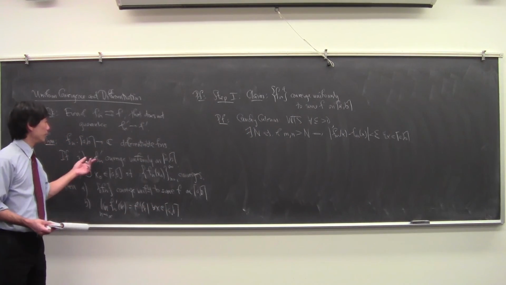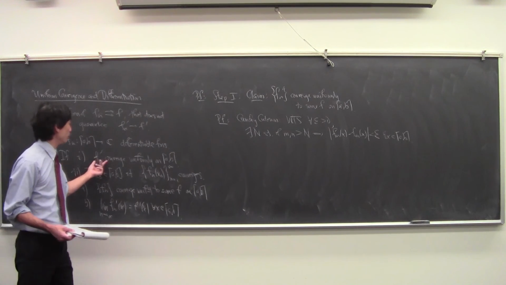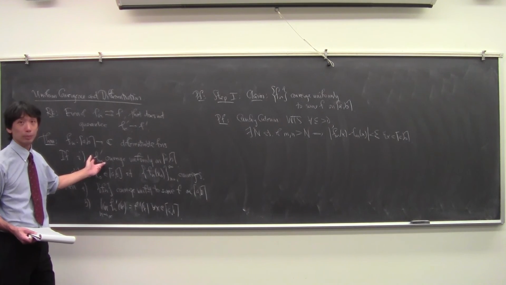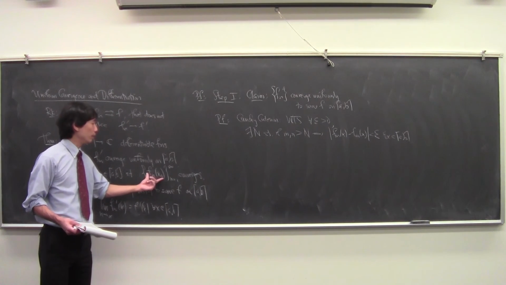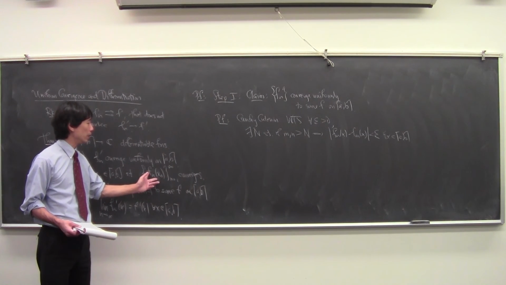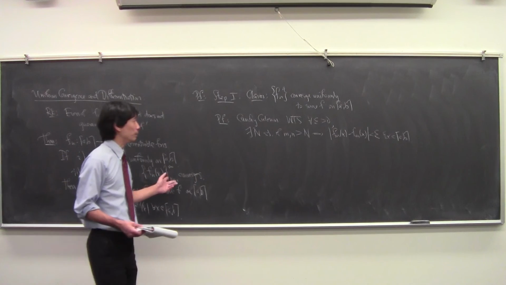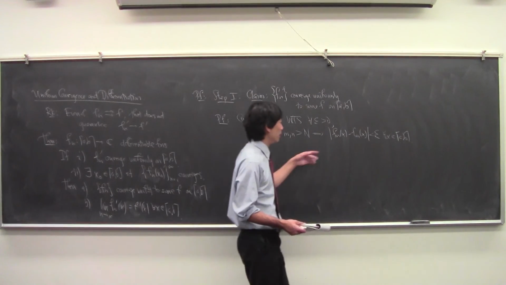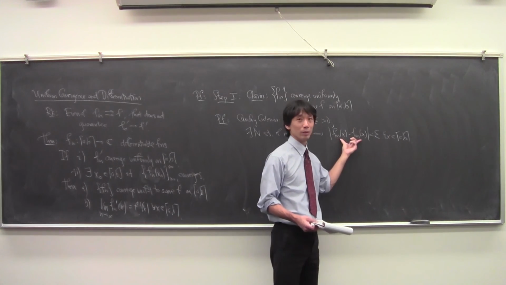And what we do have is that the Fn prime converge uniformly. So that is, we can make the difference between the derivatives uniformly small on [a,b], right? And we know that we can make the difference between the Fn's as small as we want. So we'll use those two things together to show that Fn minus Fm can be made as small as we want.